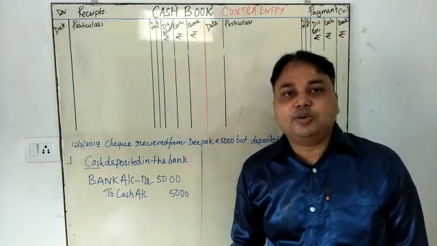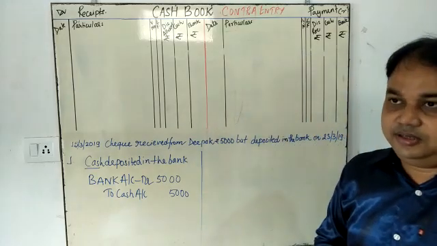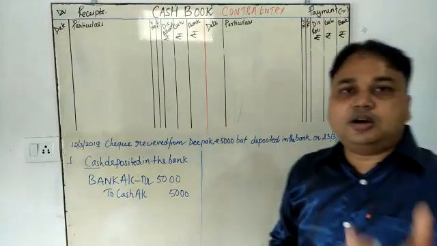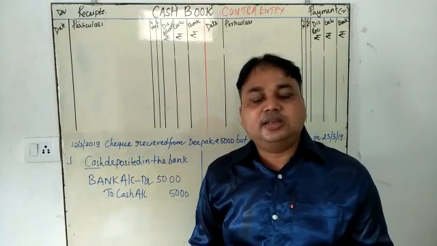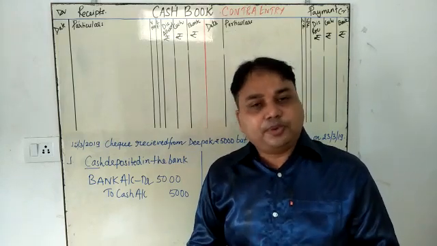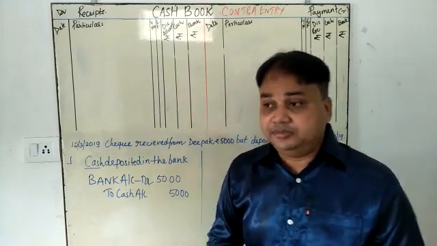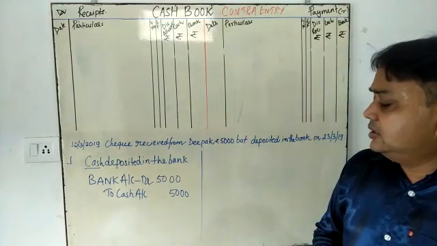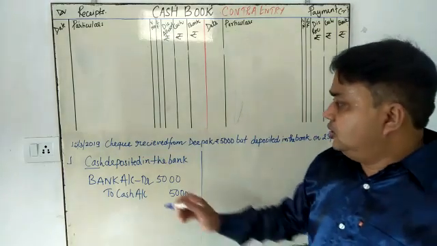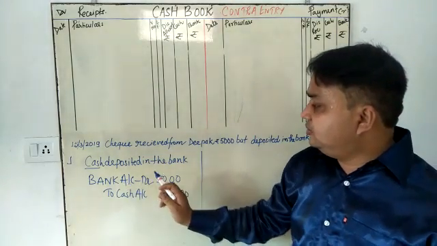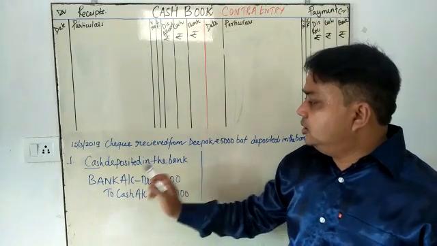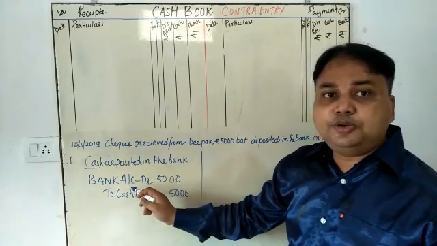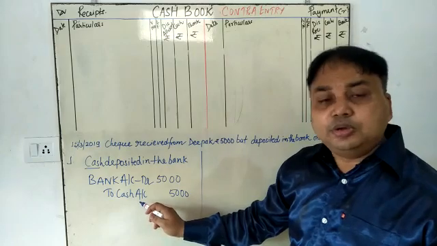Your cash book is not going to be affected, because this bank or cash balance is for the proprietor, but the features are the same. So what is the entry? Bank account debited to cash account. So the bank amount is going to increase and the cash amount is going to decrease.